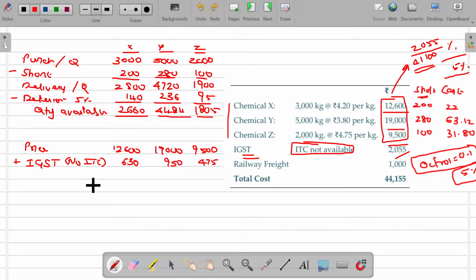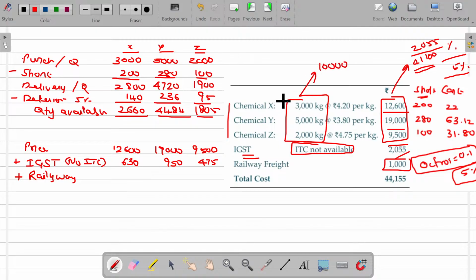Not only that, you have to add railway freight. Usually railway freight is charged based on the quantity. Is that okay? So X, Y, Z, 3,000, 5,000, 2,000, overall being 10,000 kgs.